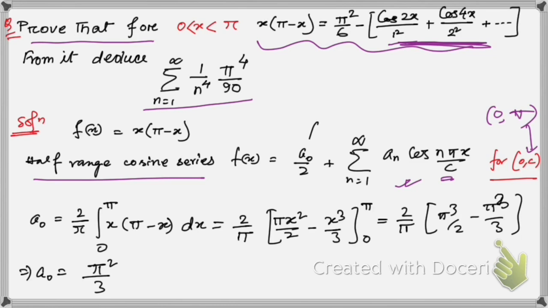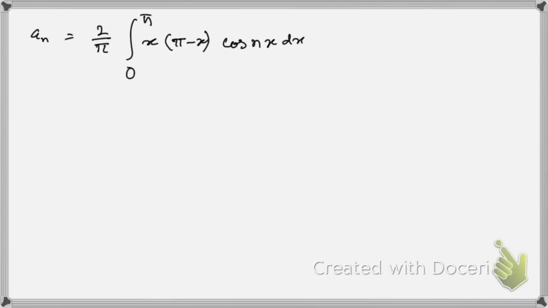Now let's find an. You know how to find an, we have already discussed these things. An is given by 2 by c, here pi, integral from 0 to pi, and the function is x into pi minus x, times cos n x dx. Now if you integrate this using the integrating by parts rule, I'm not going to explain each and every part, because I have explained many times how to use integration by parts.